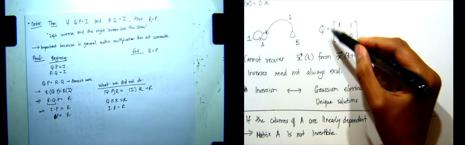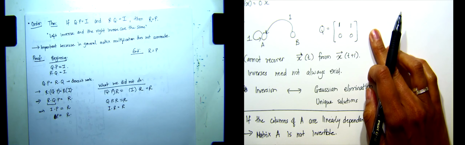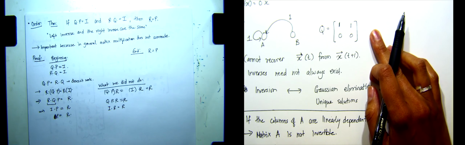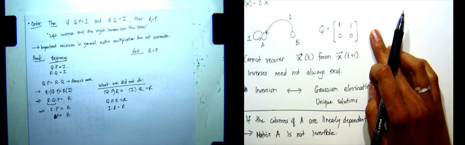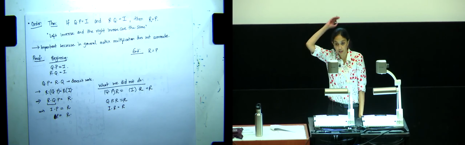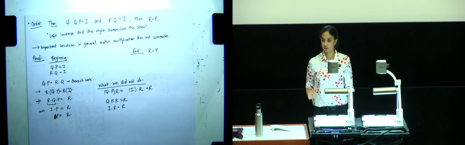When you look at this Q here, what do you notice about its columns? They're the same, right? Are they therefore linearly dependent? Absolutely. Turns out this is not just the one contrived example that I came up with. If you have a matrix where the columns are linearly dependent, every such matrix will not be invertible. It's not just this one that I constructed.